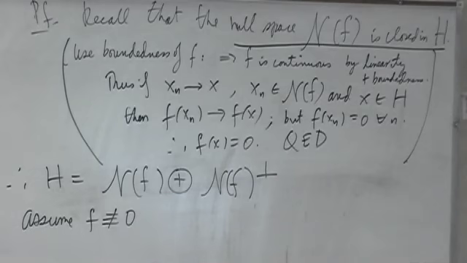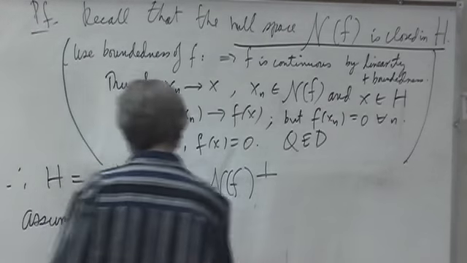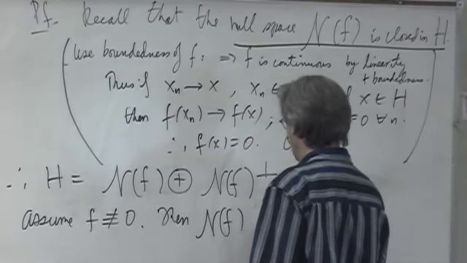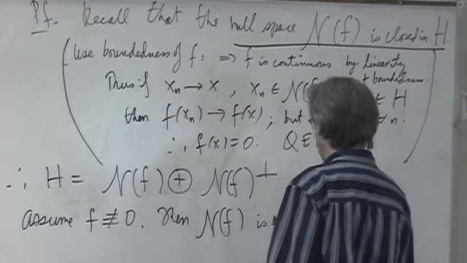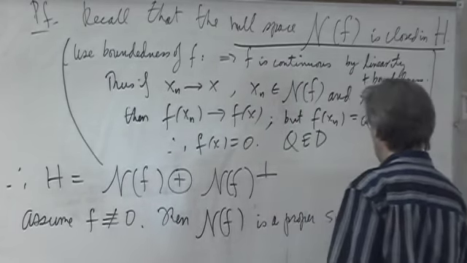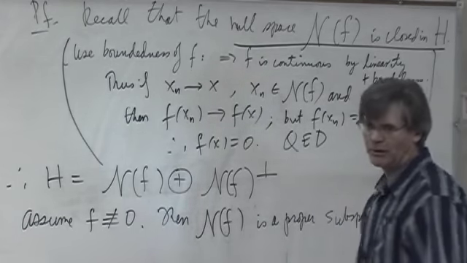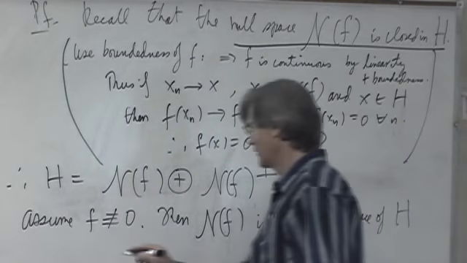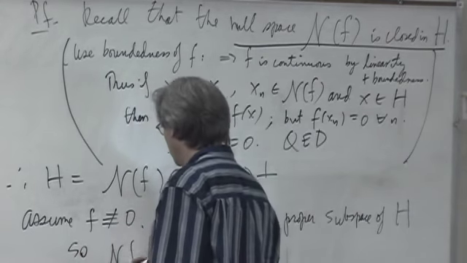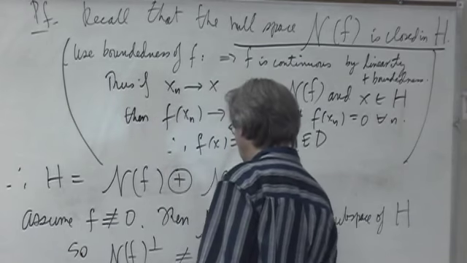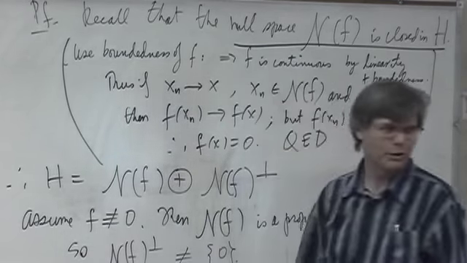So assume that f is not the 0 linear functional. Then NF is a proper subspace of H. That means the orthogonal complement has to be non-zero, so NF orthogonal complement is not equal to the 0 space. Otherwise, you wouldn't get the whole Hilbert space back again.